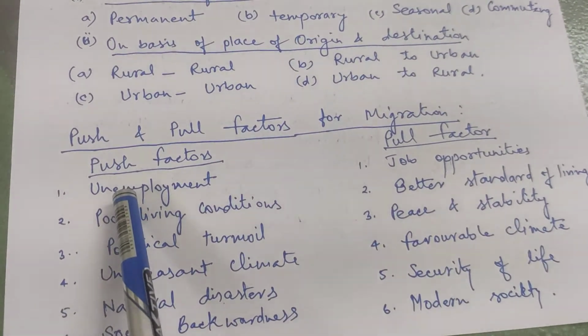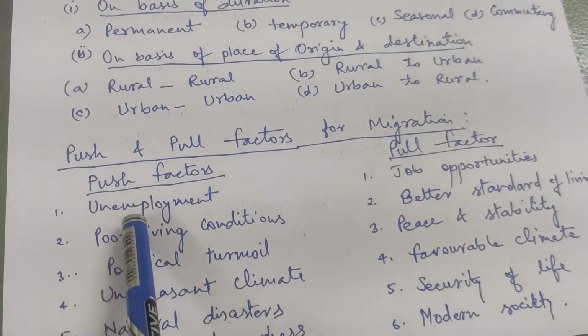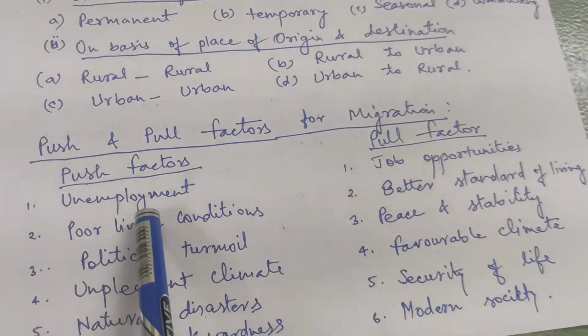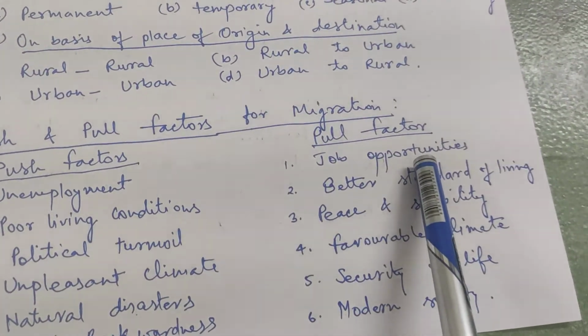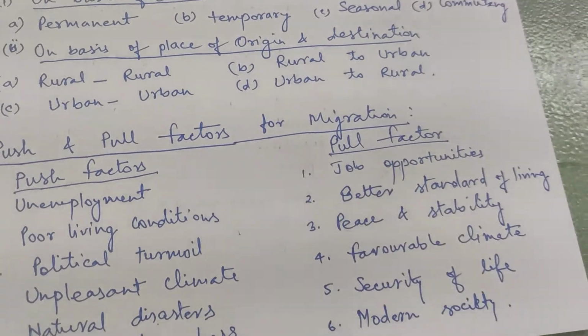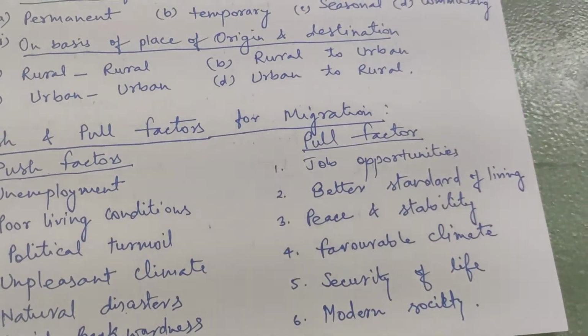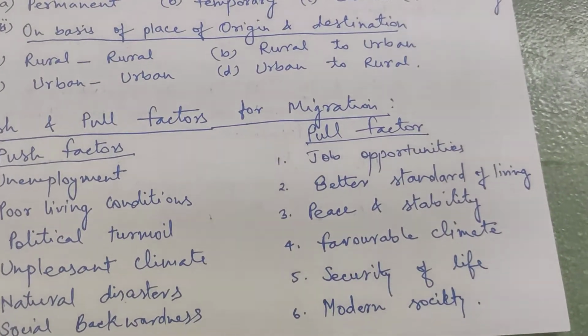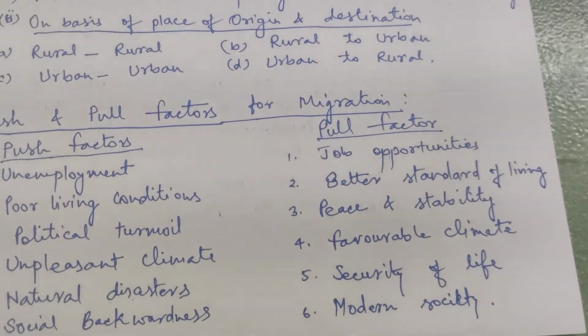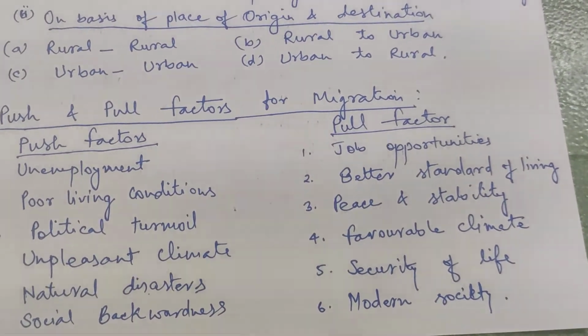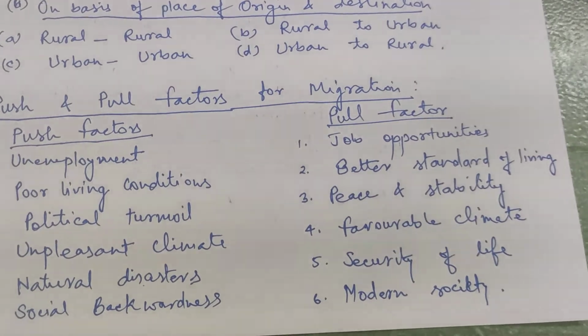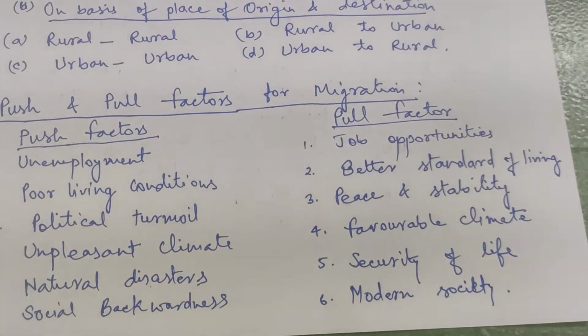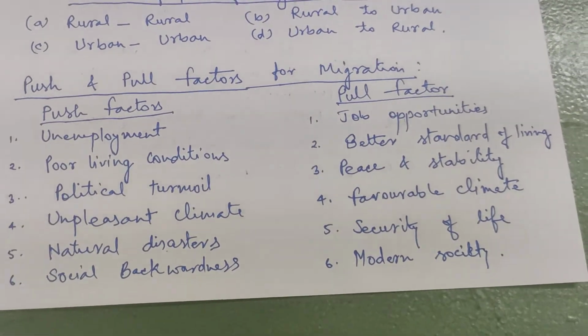The place of origin has less opportunity of employment, so people go to urban areas or any other place for job opportunities. Poor living conditions lead to a better standard of living. Political turmoil leads to peace and stability, and so on. So these are the push and pull factors.